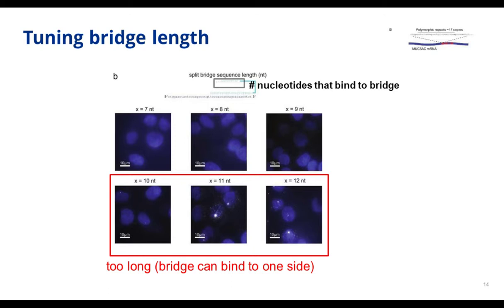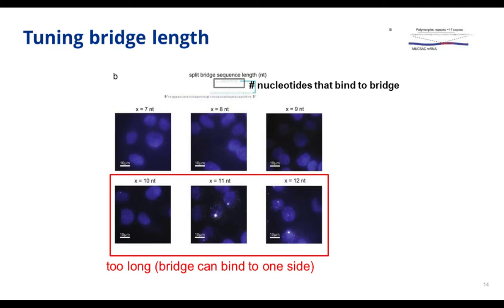The first thing we tried: we reasoned that in order for this complementation hybridization idea, or this split probe idea, to work, we need the probe to not fluoresce when it's by itself, and only fluoresce when two probes are together, right?